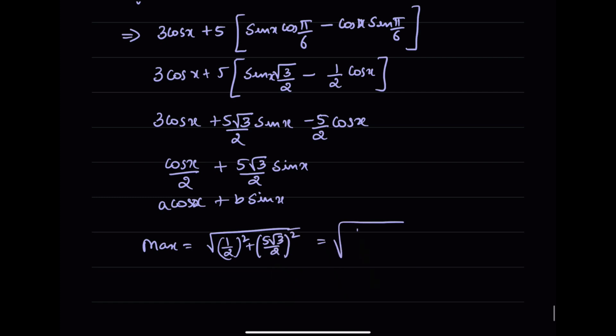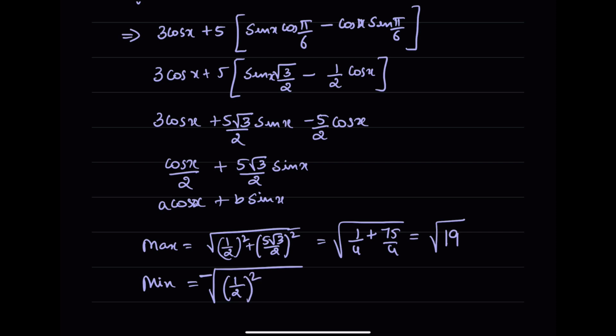So this is equal to 1 by 4 plus 25 times 3, that is 75 by 4. This is equal to square root of 76 by 4, which is square root of 19. Minimum value would be minus square root of 1 by 2 square plus 5 times square root of 3 by 2 square. This is nothing but minus square root of 19.